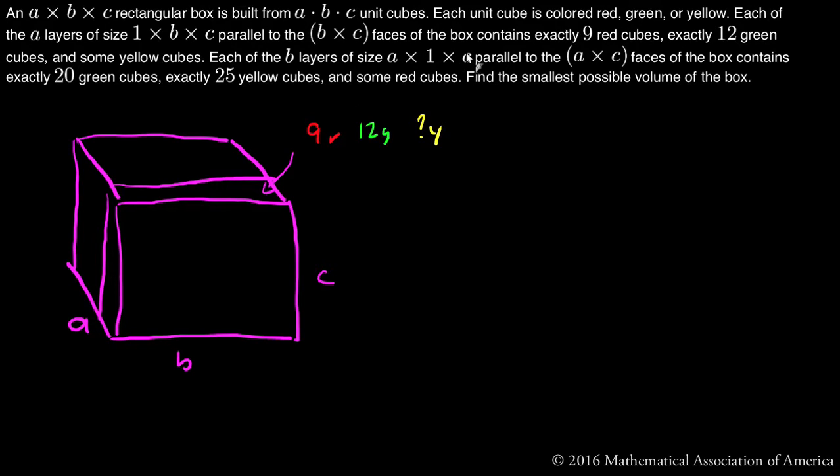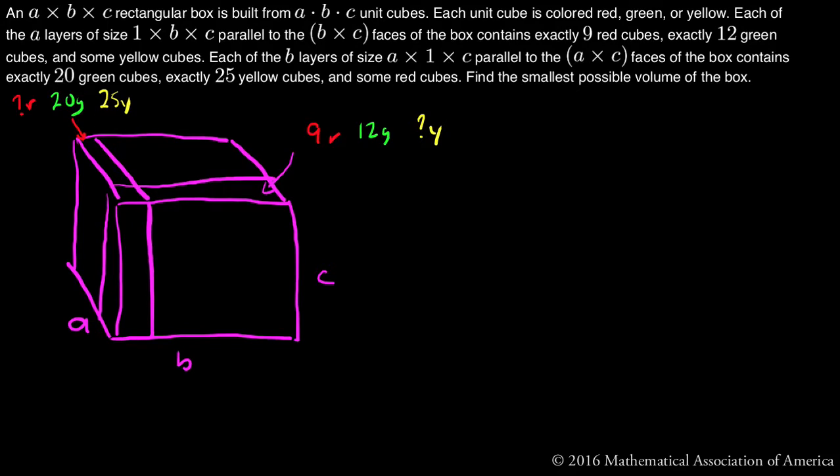And then I considered the A by 1 by C, which is going to have some number of red, so I don't know how many red, but 20 green, and 25 yellow.